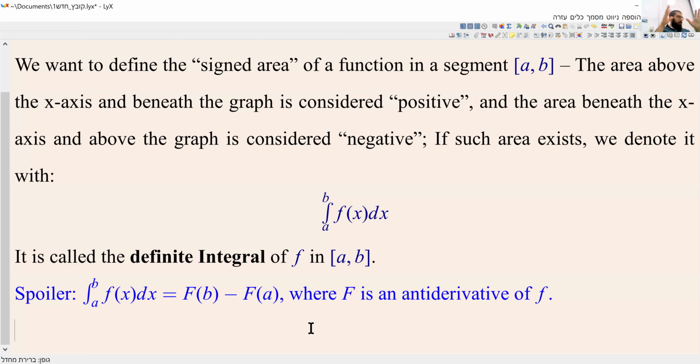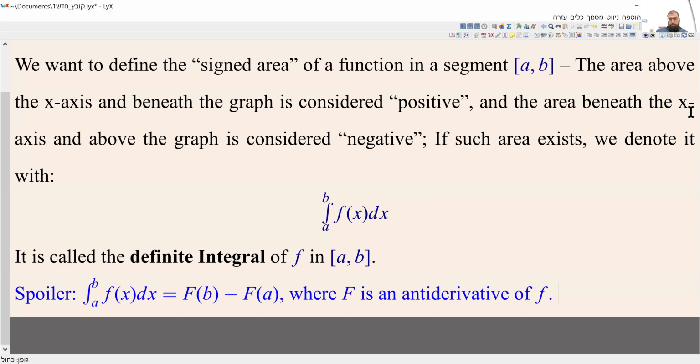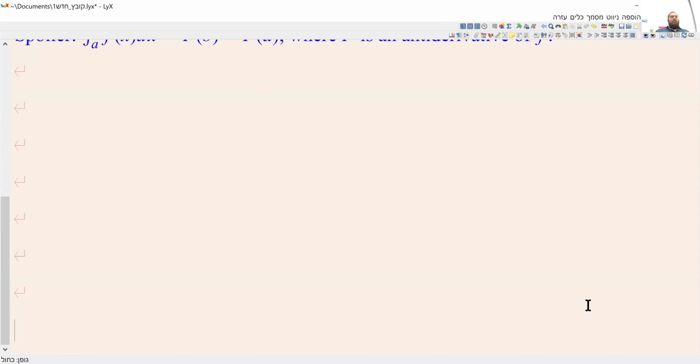Now we have our mission, and as I said, it won't be very hard, but not very easy on the other hand: to define this definite integral, to define the signed area. Let's say I have a blank slate, and paint a little. Let's say we have a graph of a function and a segment [a,b].